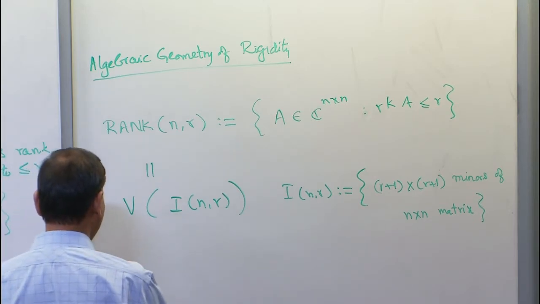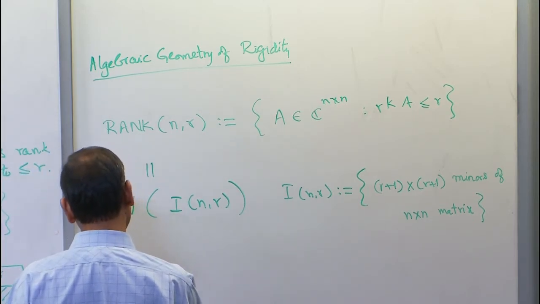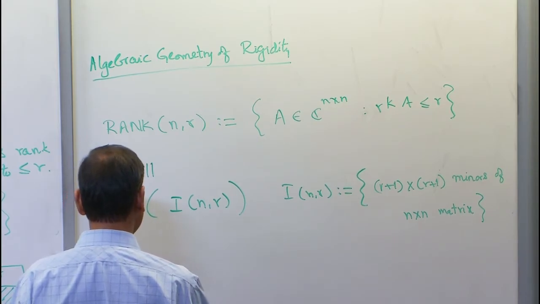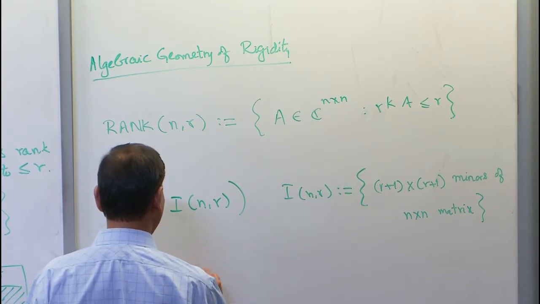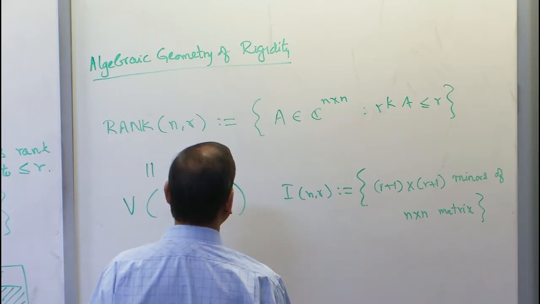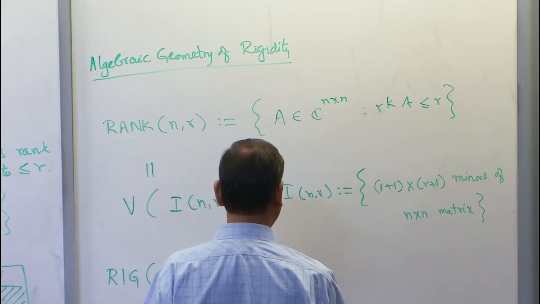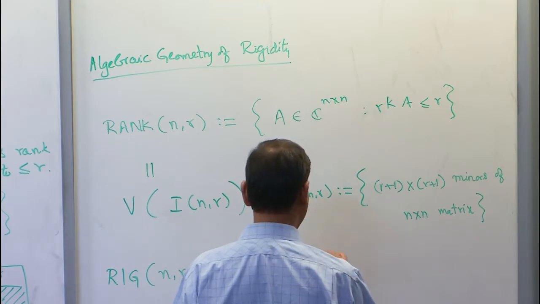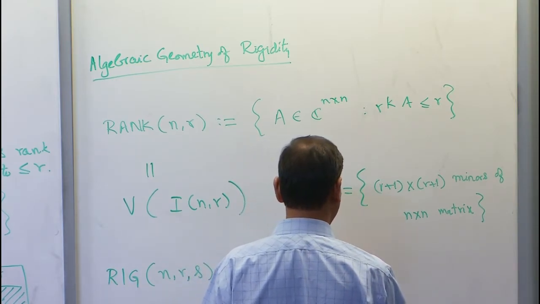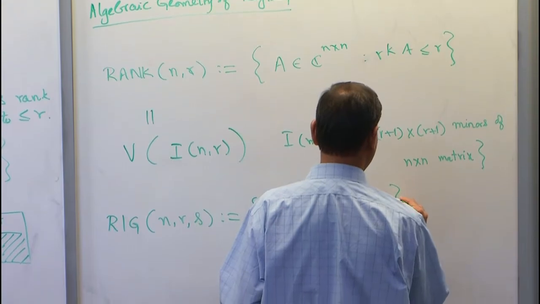Now let's try to do this for rigidity, and that's not hard to do. So let's use Rig(n, r, s) to be the set of complex matrices A such that the rigidity of A for target rank r is at most s.